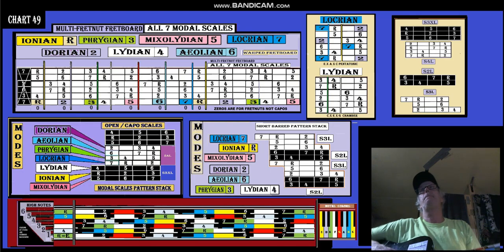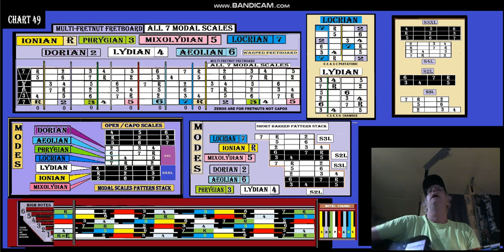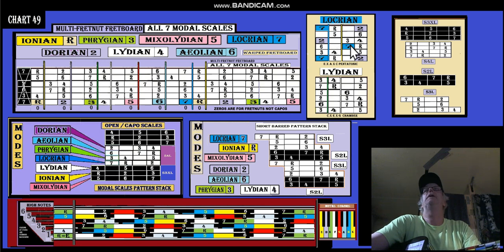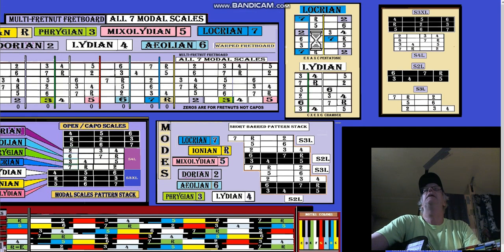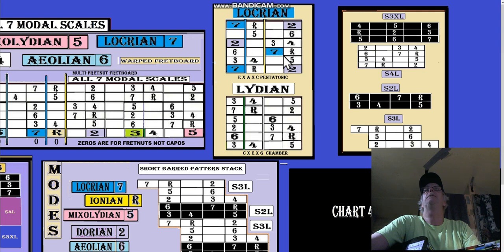Alright, so I wanted to get back to the subject matter for today's video lesson, and that is that we were looking at the Lydian and the Locrian. I've made it a little easier today because I've made the Lydian triad, at least, in large letters.